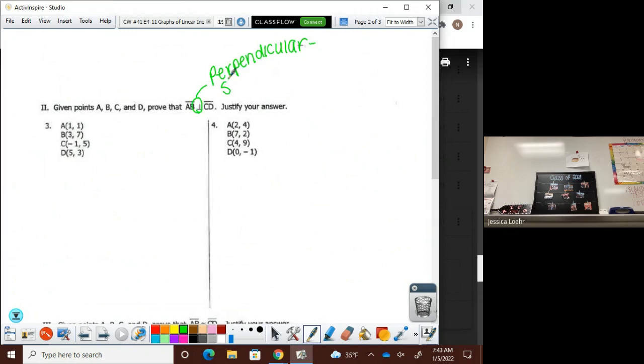So that means that the slopes are negative reciprocals. So that's always where you should start.